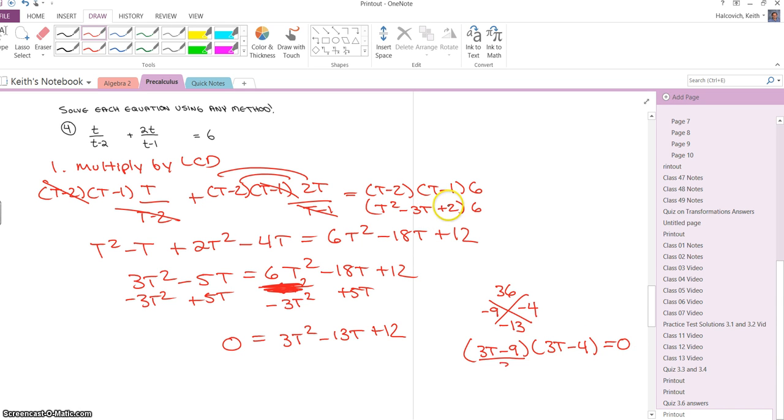Now remember, you can divide by 3 here, so you get t minus 3 and 3t minus 4. When you set them equal to 0, you get t equals 3 and t equals 4/3. So those are your two answers. Now, if you didn't factor it correctly, you could always solve by the quadratic formula. Because remember, the quadratic formula works anytime, but you always want to see if you can factor it first.